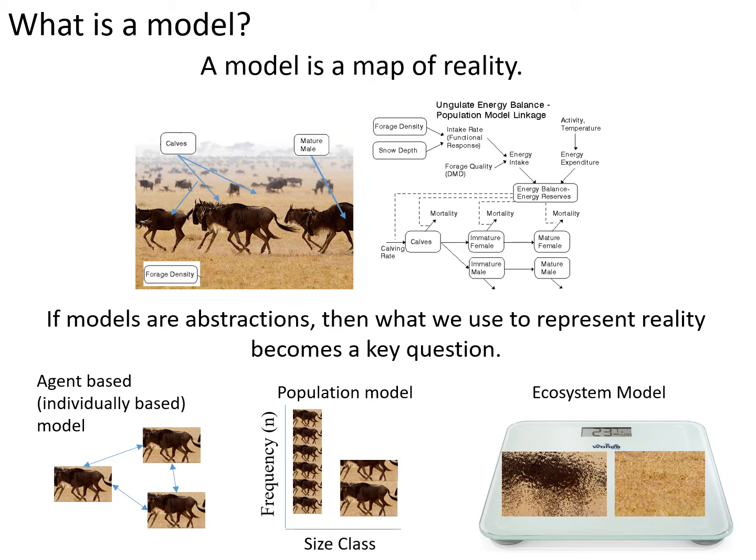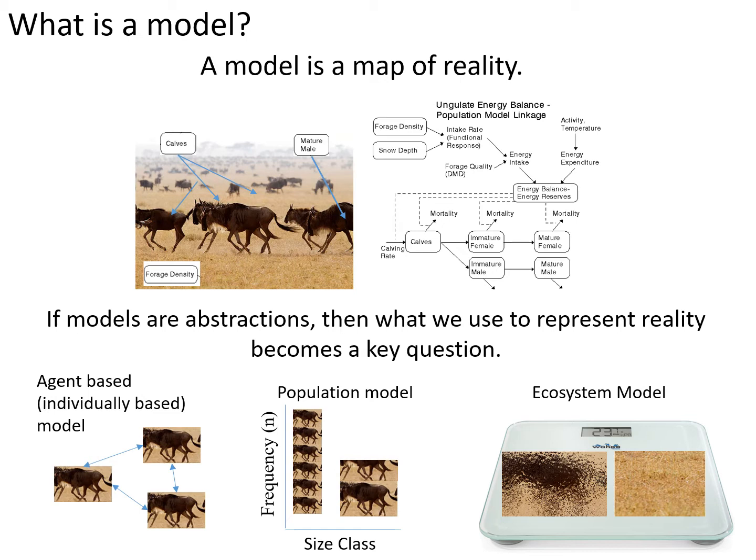And then on the right, we might model as an ecosystem model in which we're not interested in individuals at all. I've got a blurred out photo of a wildebeest and a blurred out photo of some grass, and I've got them sort of sitting on a scale.